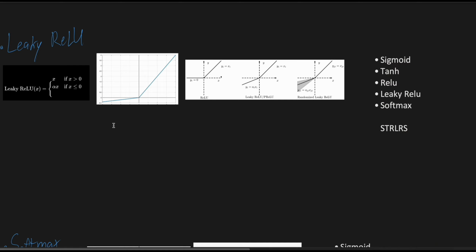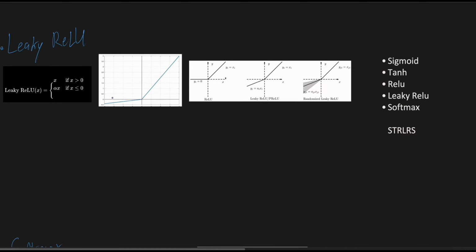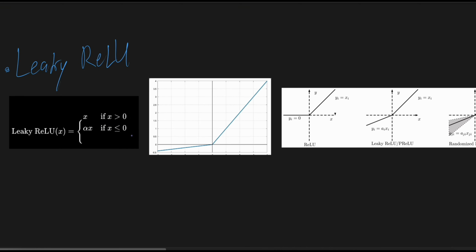Now, the leaky rectified linear unit improves upon the idea of the ReLU function by allowing a small non-zero gradient when the unit is not active, less than or equal to 0. So we notice in this negative region right here, it leaves some extra room for negative values as our input.